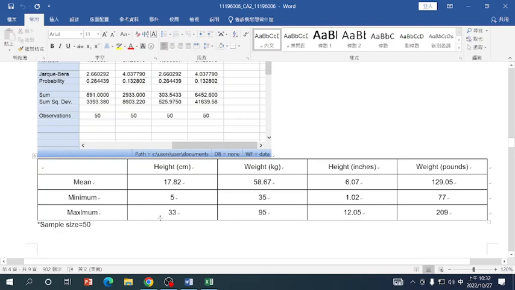The minimum height is 5, which means it is 155 cm, and the weight in kg is 35, and the height in inches is 1.02, and weight in pounds is 77. The maximum height is 33, and the weight in kg is 95. The height in inches is 12.05, and the weight in pounds is 209, and the sample size is 50.